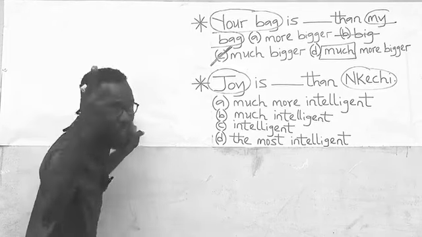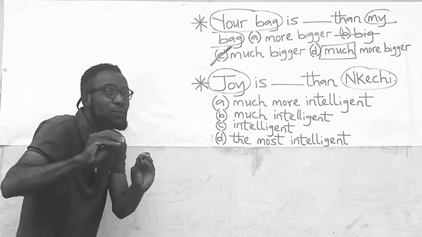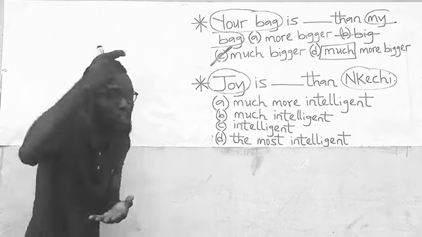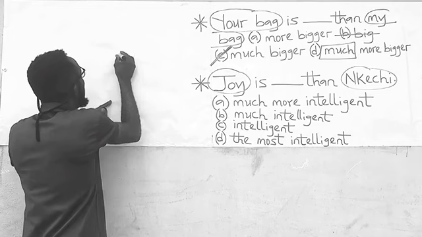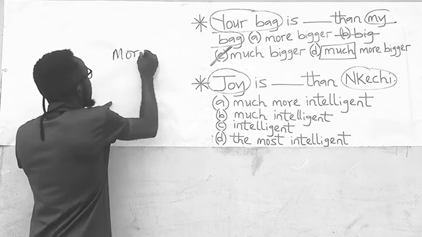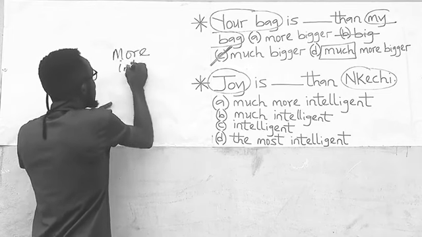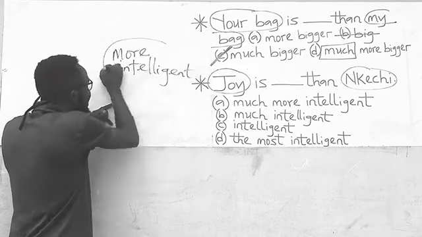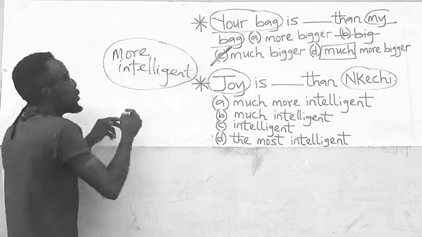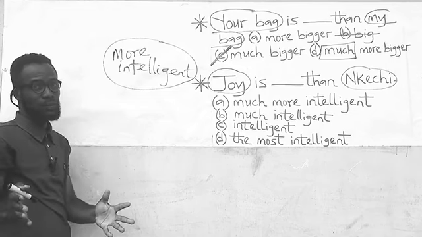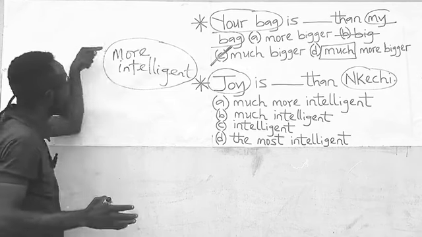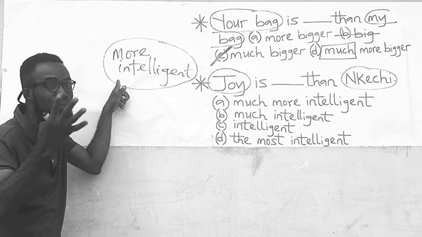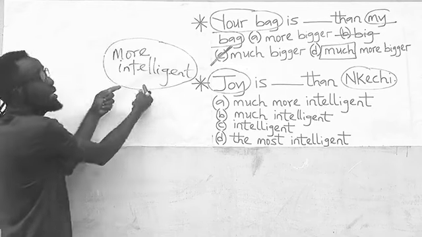You will agree with me that the comparative form of the adjective intelligent is more intelligent. Now, this is the comparative form of the adjective intelligent. So more intelligent is a comparative adjective. We have written it out.